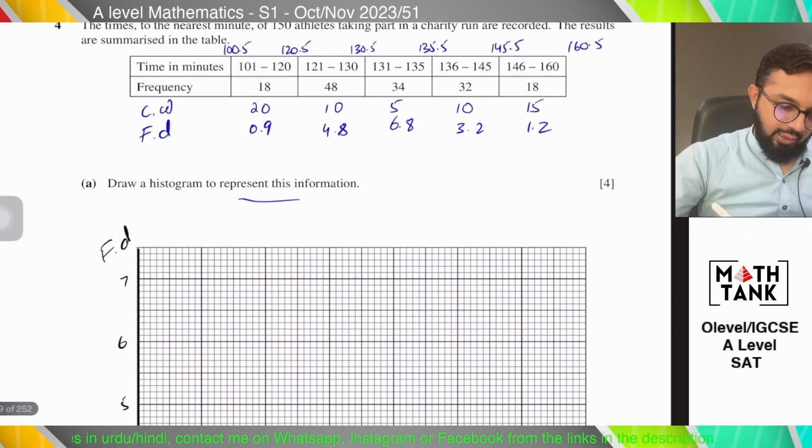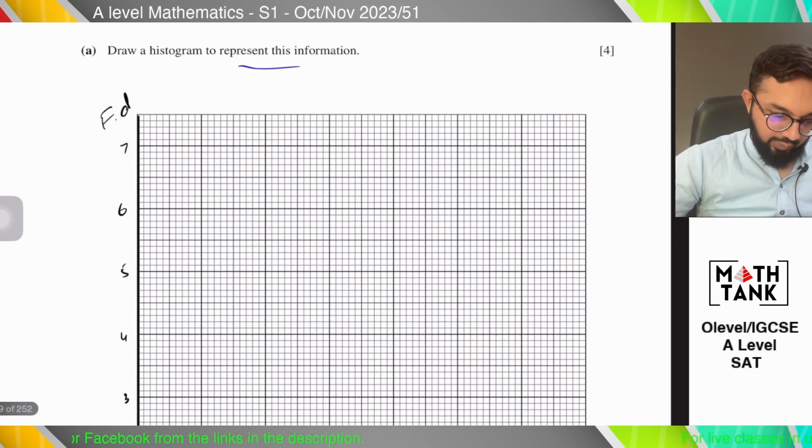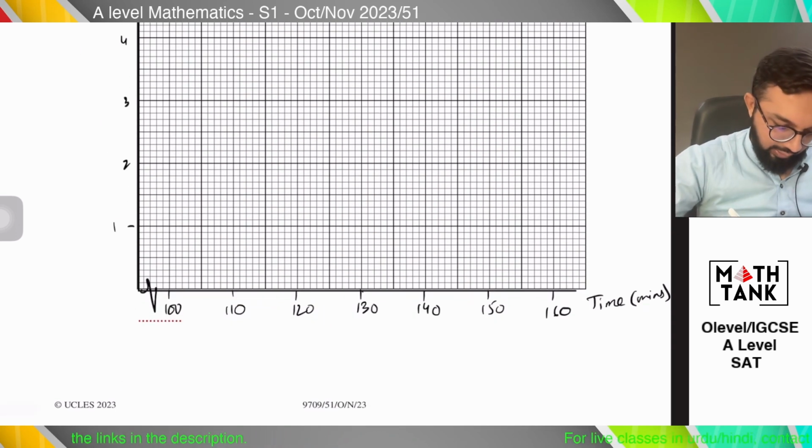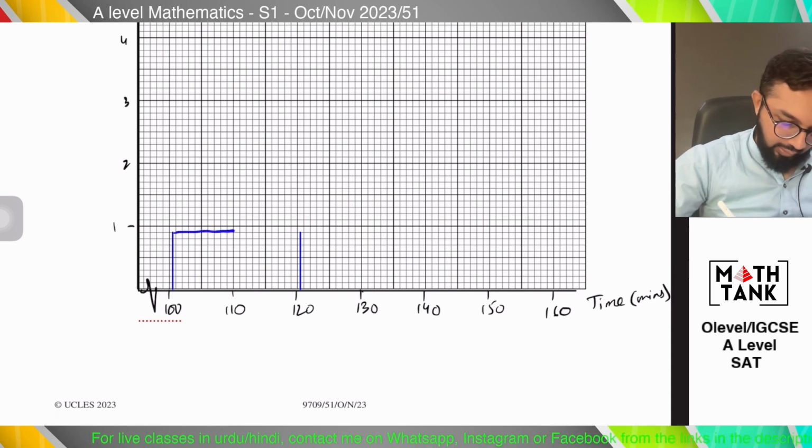The first bar starts from 100.5 and goes on to 120.5, and it has a frequency density of 0.9. So I'm going to draw it somewhere here and somewhere here. That's my first bar.